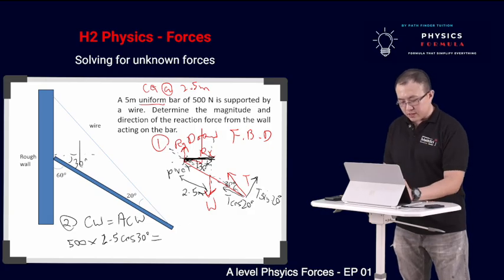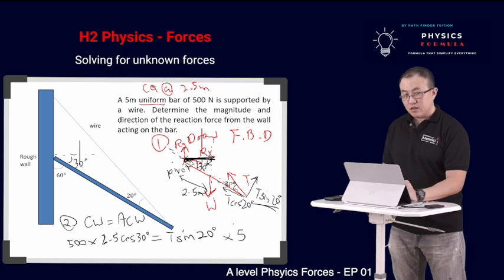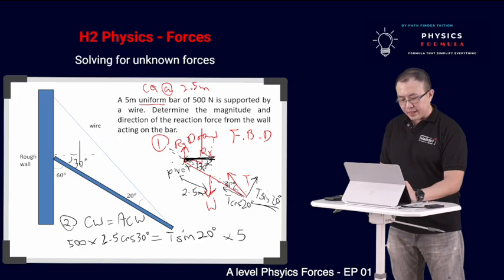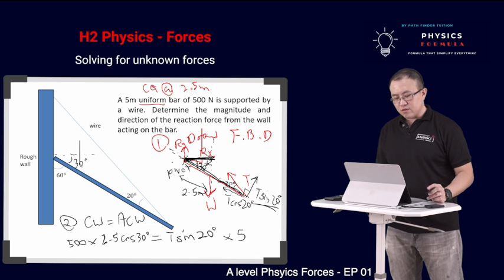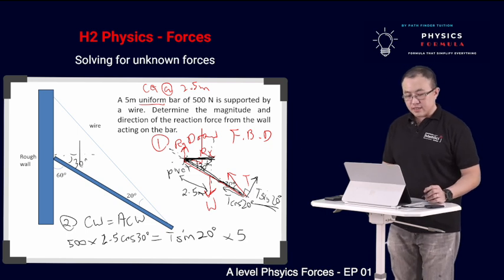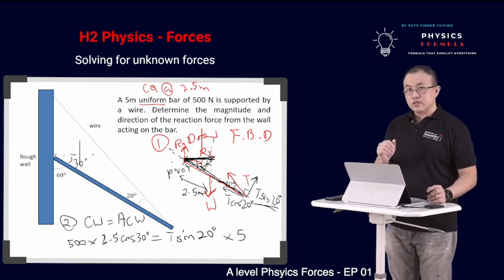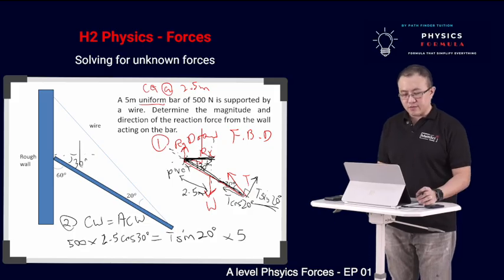This will be T sine 20 degree multiplied by 5. Why 5? Because this is perpendicular to the entire beam, so we multiply by 5. Then you can use this to find your tension T. I'm not going to solve it, but you can solve it yourself.